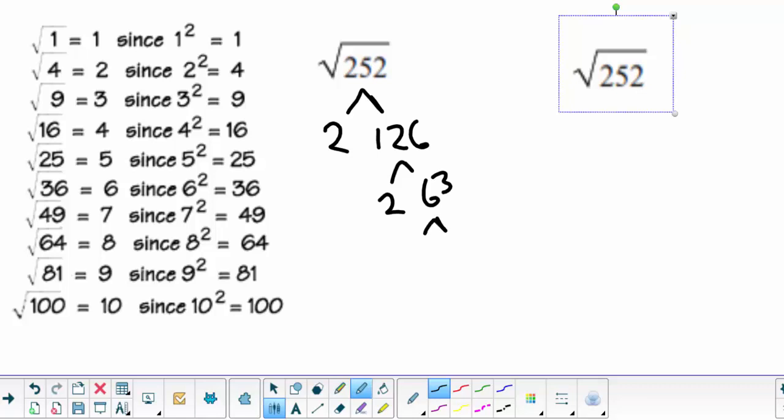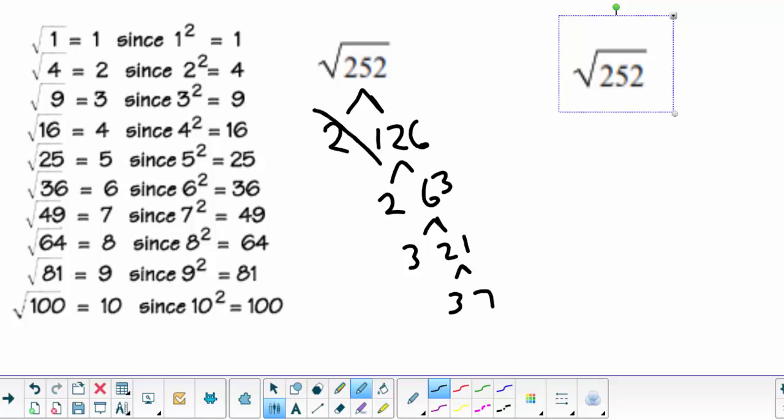If we're looking for the smallest thing that divides into 63, it would be a 3. Notice if we add the digits, 6 plus 3 is 9. Since 9 is divisible by 3, so is 63. It's a shortcut method there. So we can divide that by 3, and we get 3 times 21.